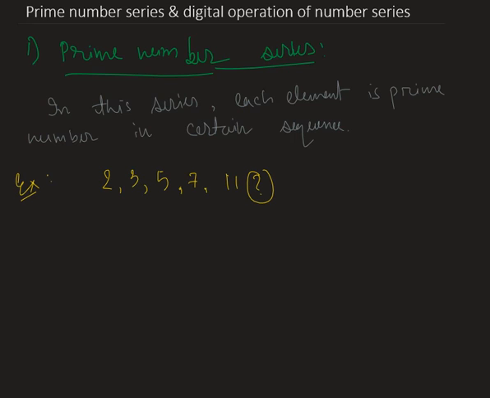As we can see, each next element is the next prime number in this series. Therefore, the last one must be 13. Okay, so this is the answer for our question.